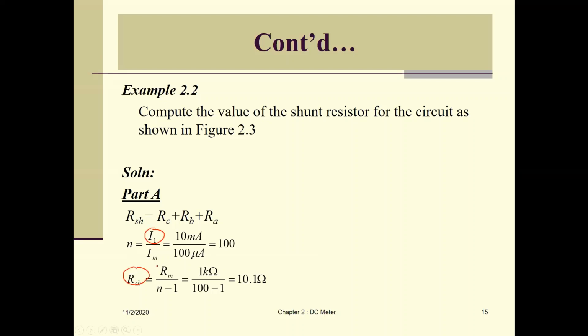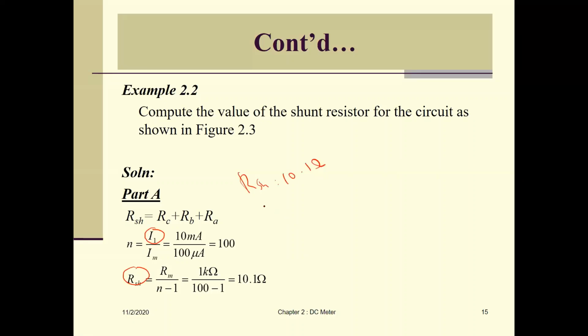So using the formula, this formula will normally be given: RM over N minus 1. RM is 1 kilo ohm, divided by 100 minus 1. So our R shunt will be 10.1 ohms.